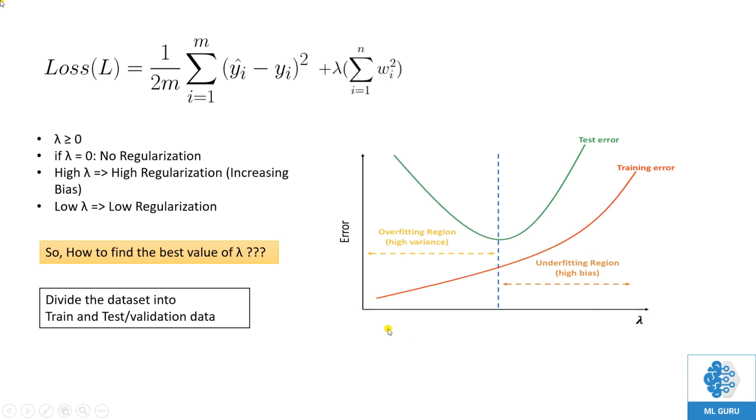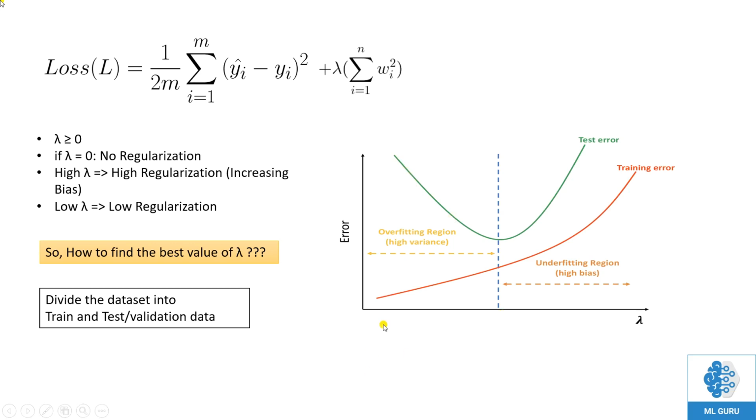So in the overfitting, as you know, the train error is low, but the test error is high. So what we do, we increase the value of lambda, and as the value is increasing, you can see the test error is falling down, which means it is performing good on the test data as well.